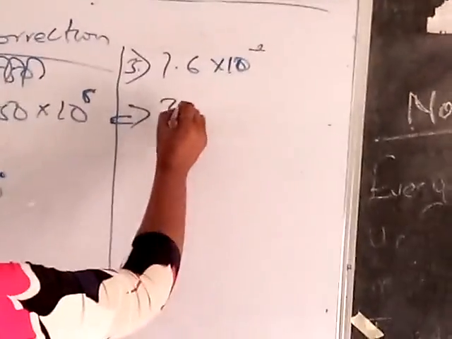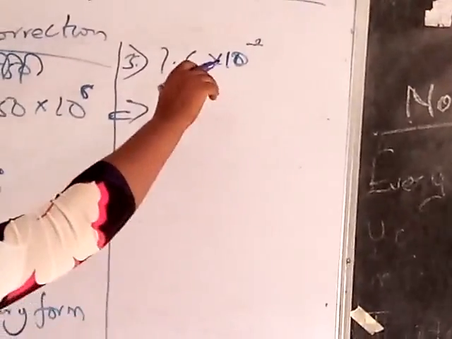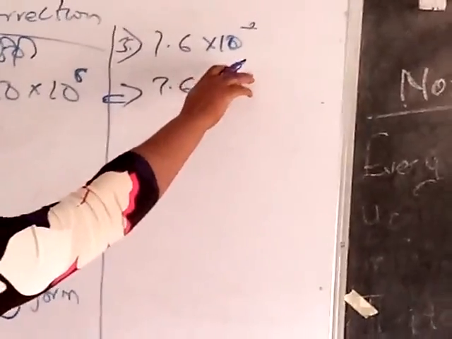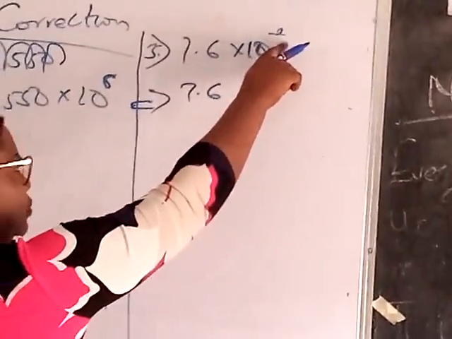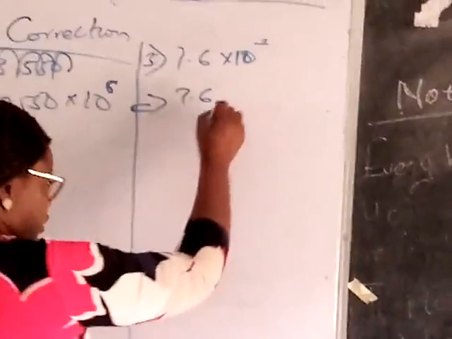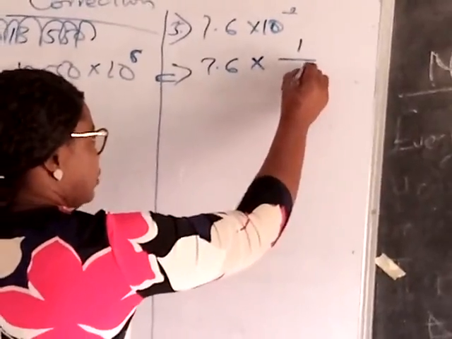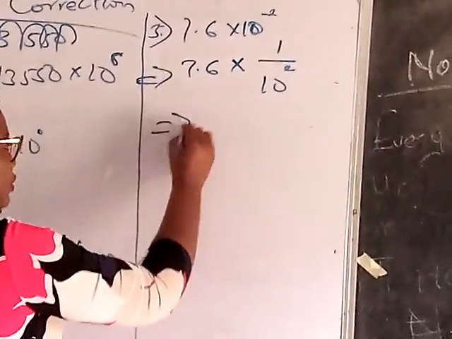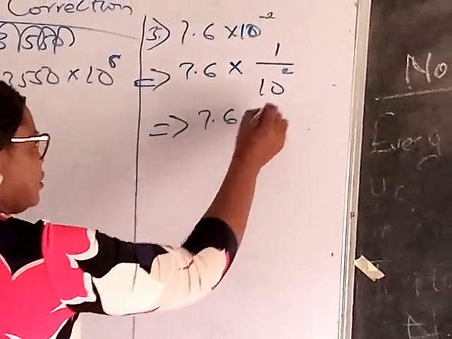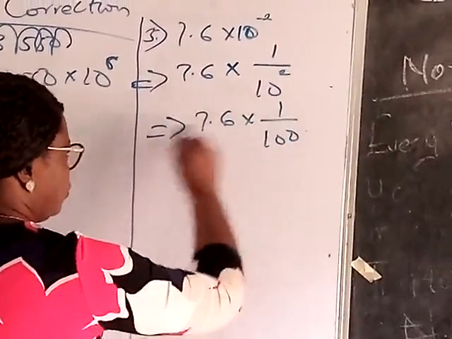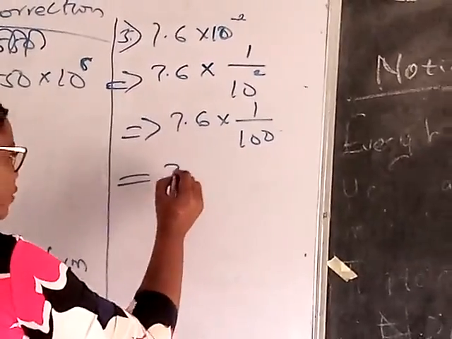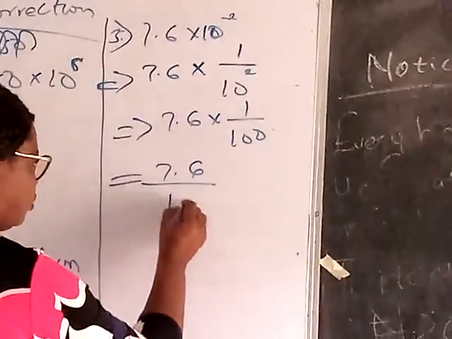Changing that to ordinary form, we have 7.6. As we said last lesson, our 10 raised to power minus 2, from laws of indices, can be converted to 1 over 10 raised to power 2. And so that gives us 7.6 times 1 over 100. Working this out, we have 7.6 over 100.